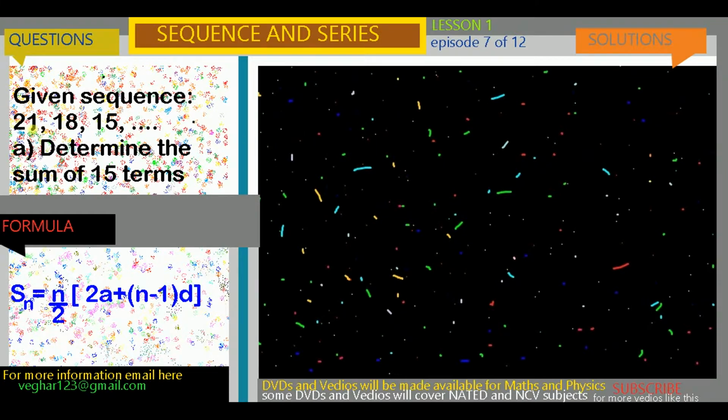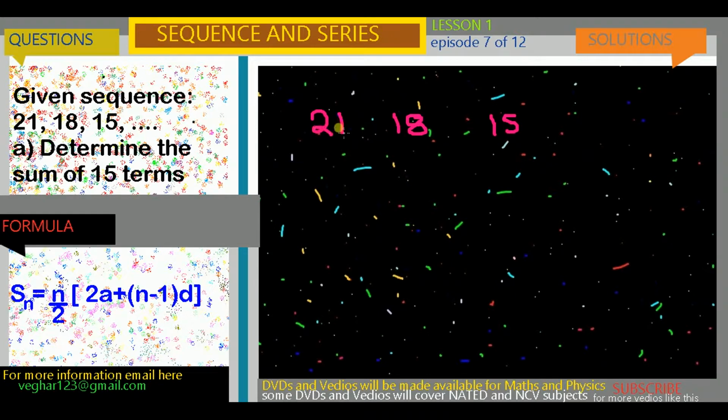So the series, it's an arithmetic sequence. How do you know? First you have to test it. How do you test it? Say 21, 18, 15.